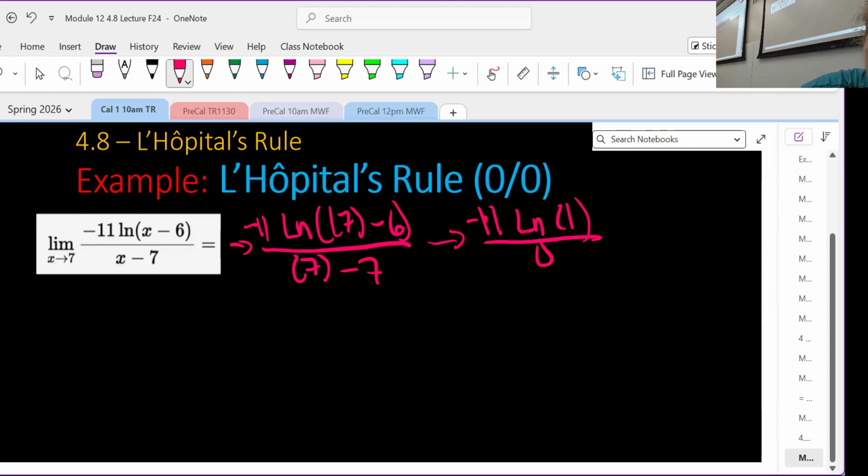The natural log of 1 is asking e to what power equals 1, and that is e to the 0 power. So this disgusting limit does indeed give us 0 over 0.